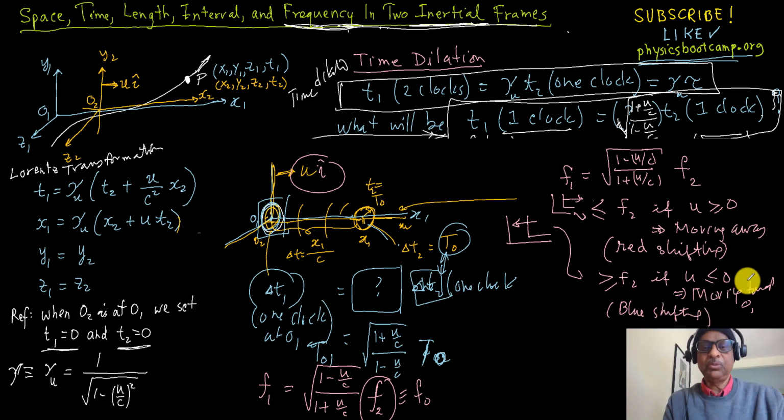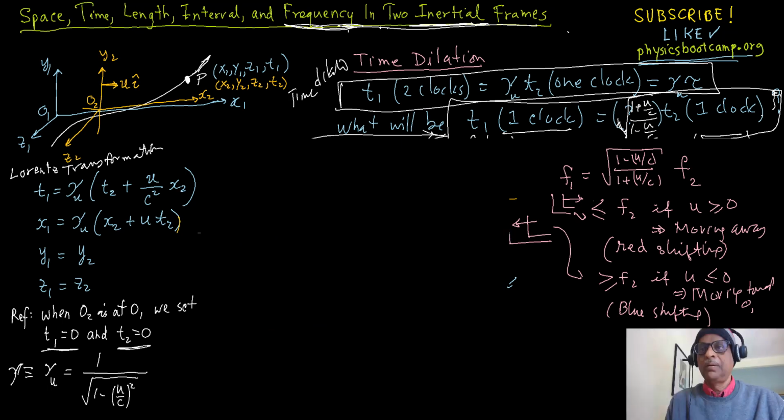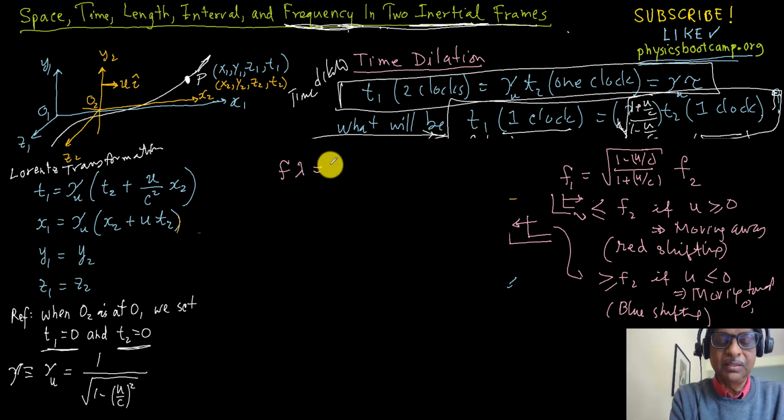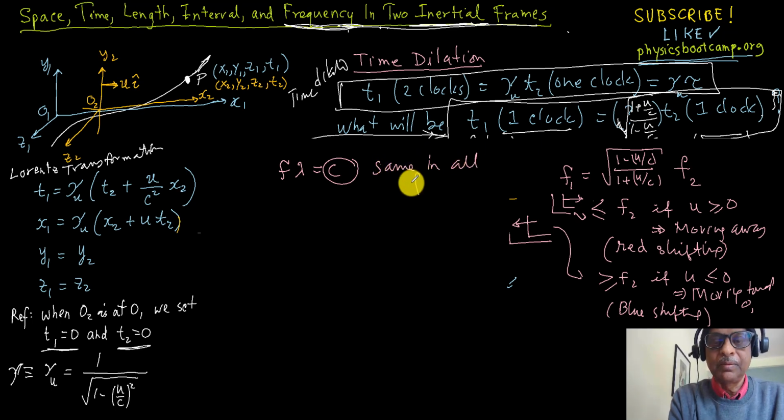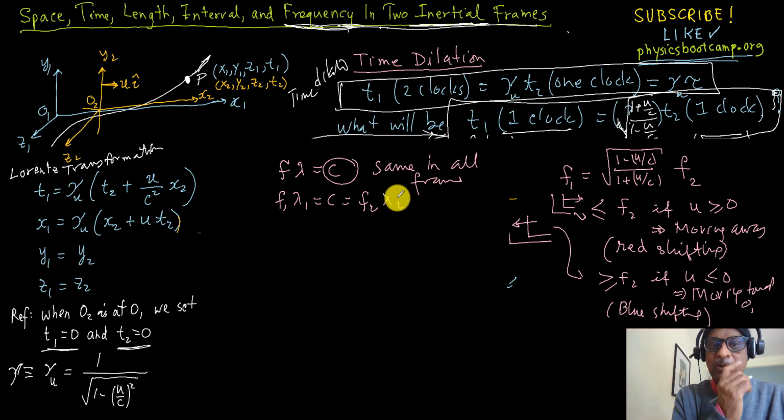You can also write this in terms of the wavelengths they will see. You know the wave formula: frequency times wavelength is the speed, and c is the same in all frames. So you'll have f1 lambda 1 equals c equals f2 lambda 2.